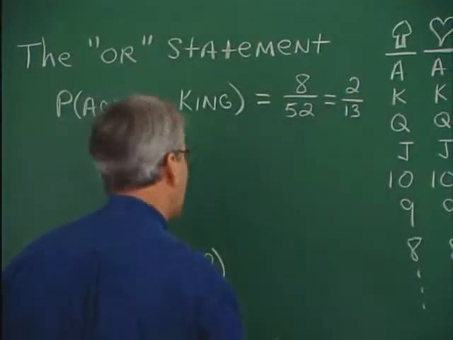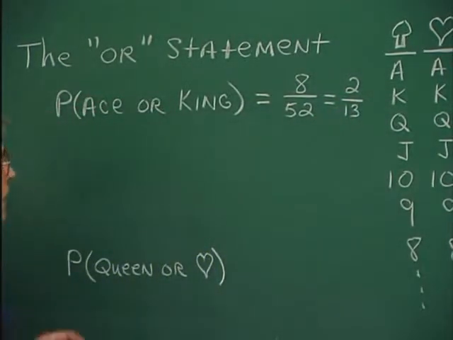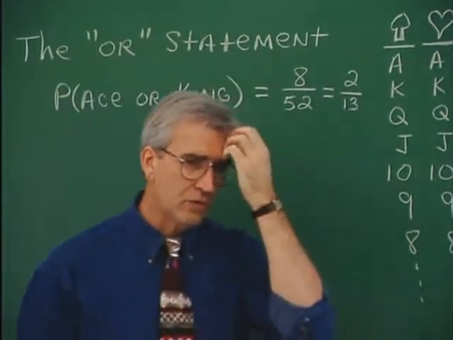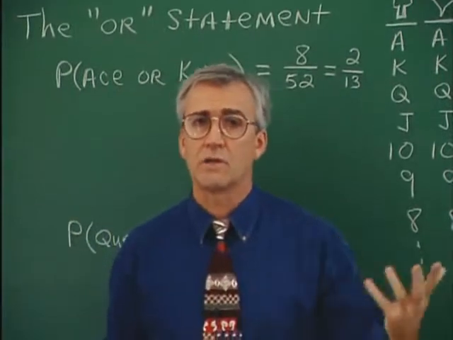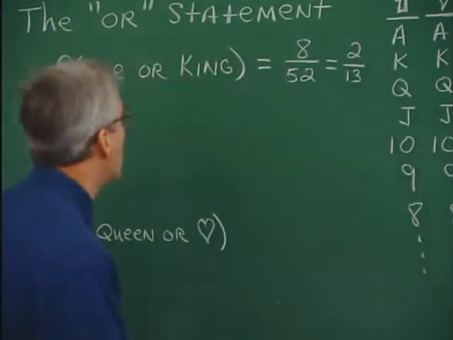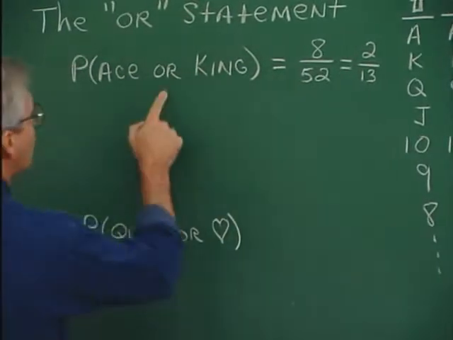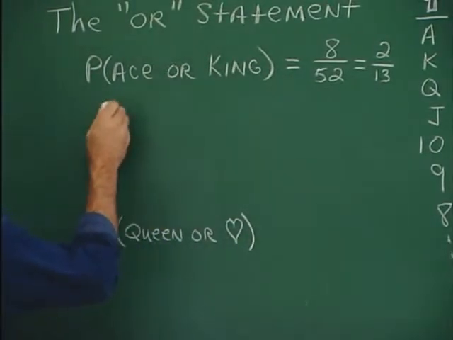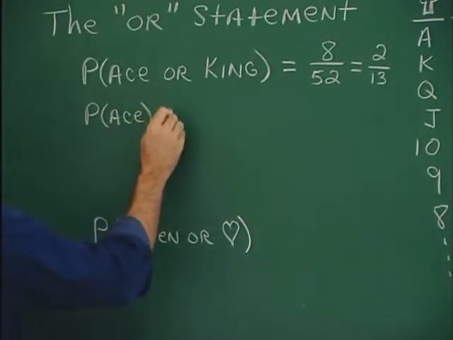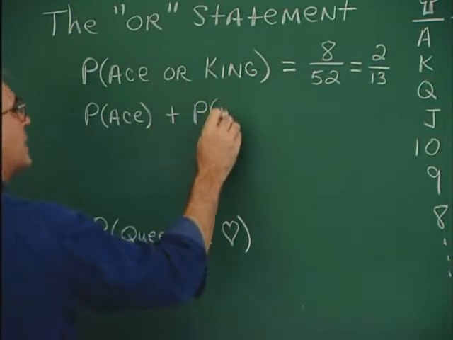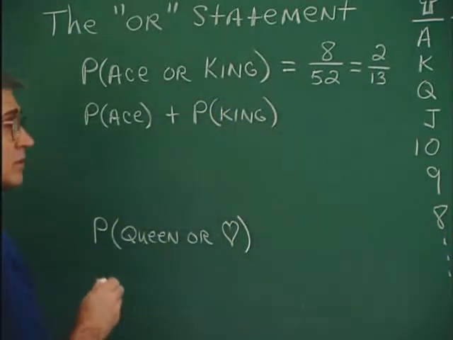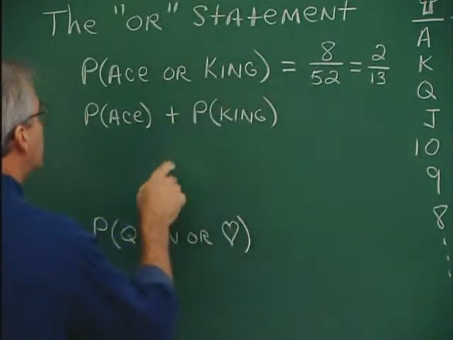All right. Now, another way to look at the situation, you might think, well, maybe there's a shortcut. There was a shortcut when we were talking about the and statement. We multiplied probabilities in certain circumstances when the and statement was involved. And it turns out here that we can think of this as the probability of ace plus the probability of king, because we have a particular set of circumstances that lends itself well to this.